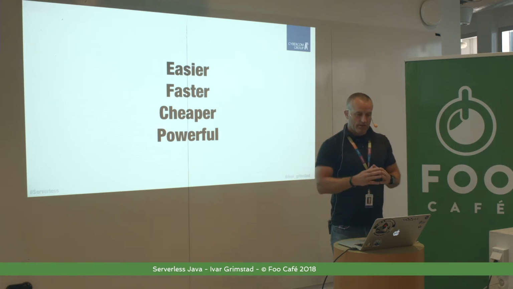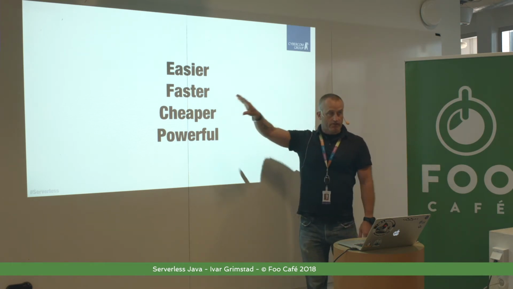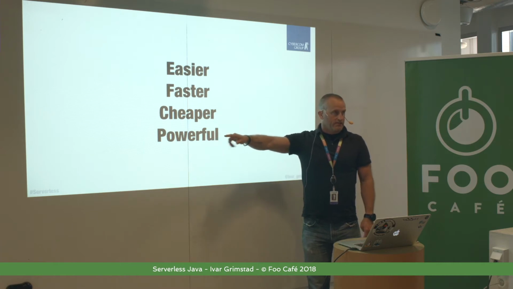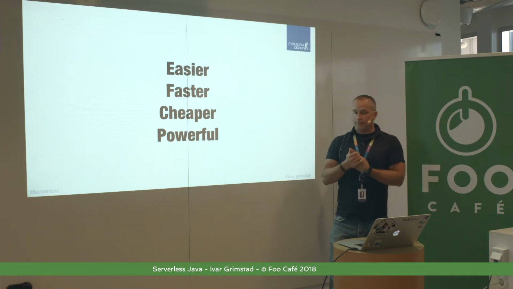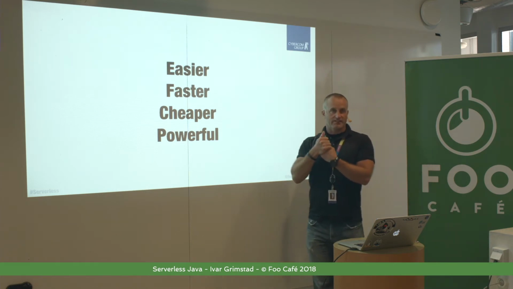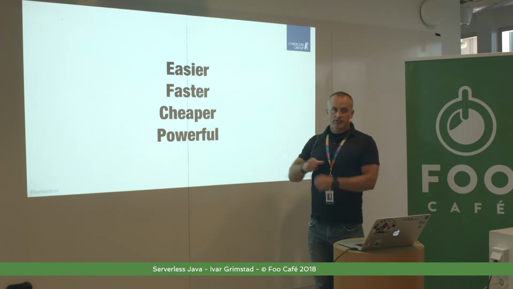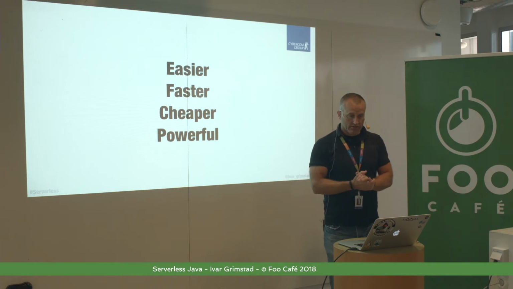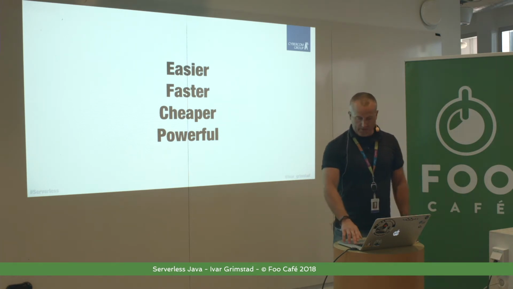Because writing just a function and running it somewhere on somebody else's, whatever they have underneath, allows it to scale. Because a function doesn't have any state, or if you write state in a function, you're probably doing it wrong. But these functions can scale how much you want it to, and you can design for Black Friday or whatever you have for peak.